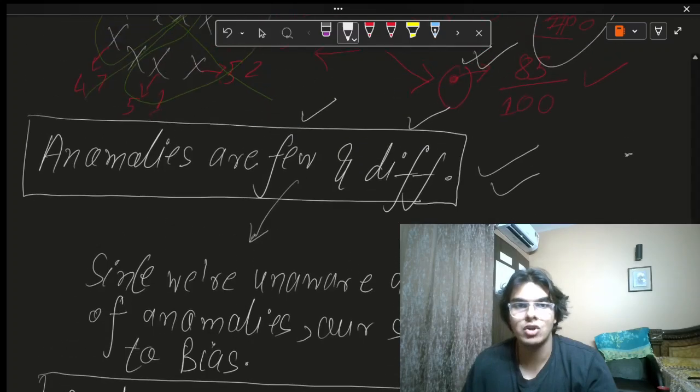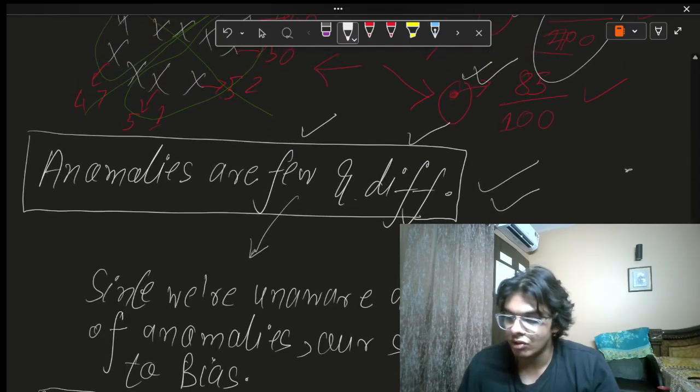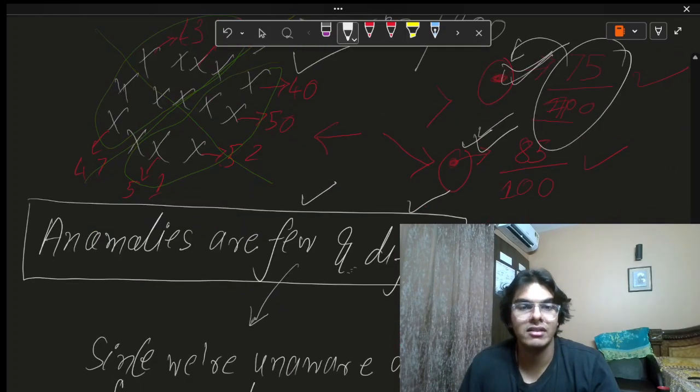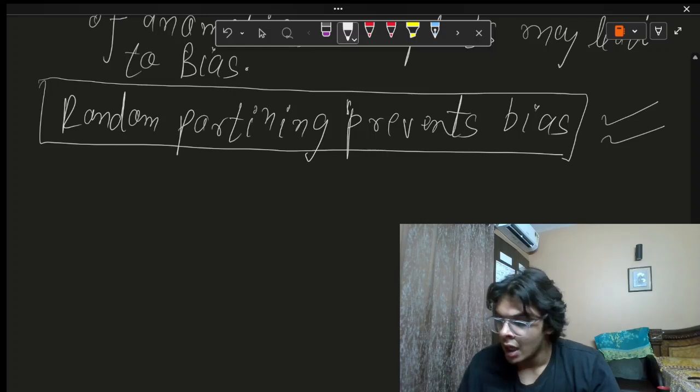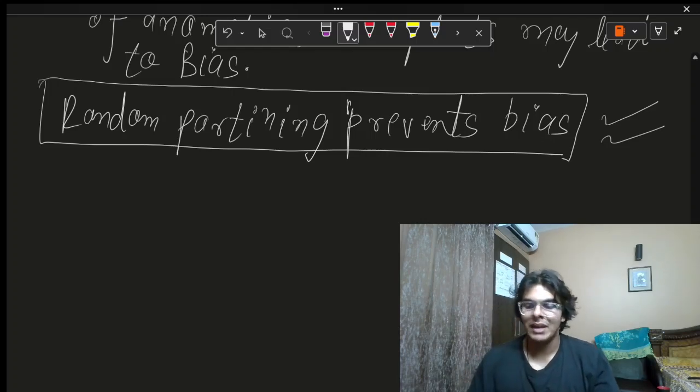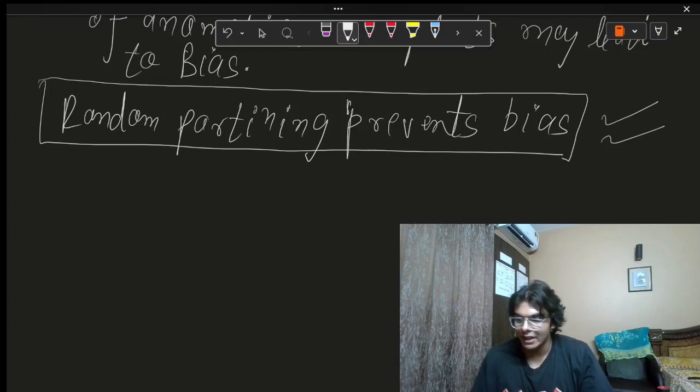The first one is the geometric one that I gave, that the probability of separating these values will be easier if we are making random splits. The second reason is that random partitioning will prevent bias. Because it is random, we cannot select anything, we don't know anything.